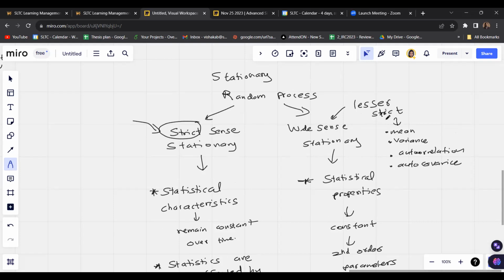But a wide sense stationary process might not have the higher order statistics the same at each time instance. That is the difference between wide sense stationary and strict sense stationary processes.